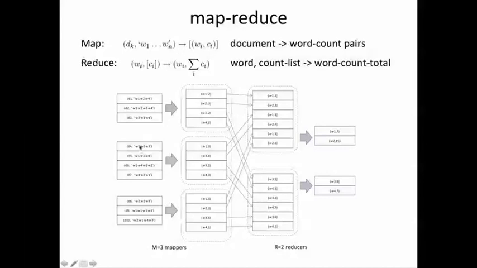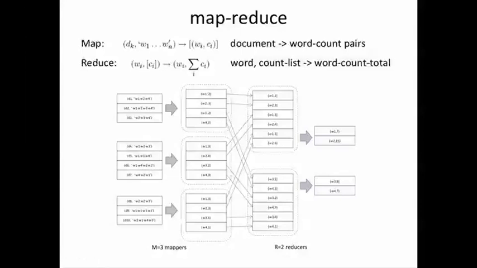For example, the map tasks for the document D1 would be to emit a W1 followed by a 1, a W2 followed by a 1, and a W4 followed by a 1, and similarly for the other documents. In some cases, such as D6, we would emit a W2 followed by a 2, but in most other cases it would be a count of 1.